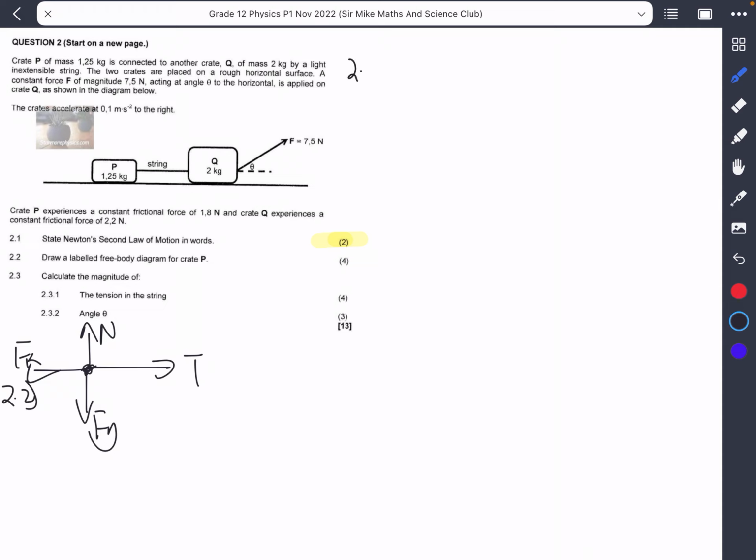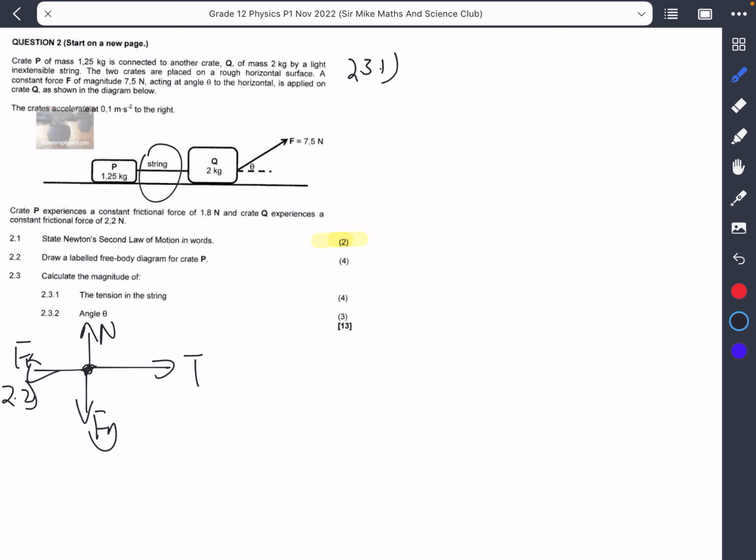Now for 2.3.1, they say calculate the magnitude of the tension in the string. Remember that this tension is acting on both crate P and Q. So what you need to do in this case is work from the crate that has the most information.